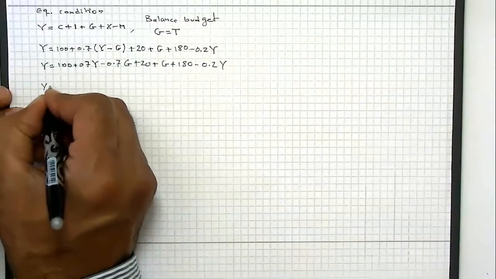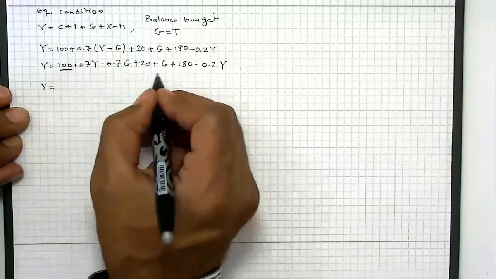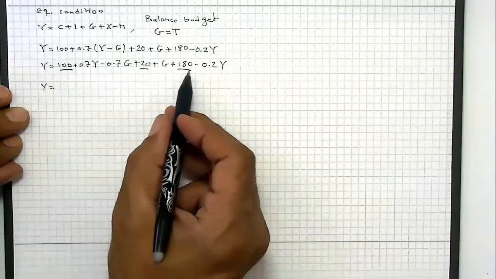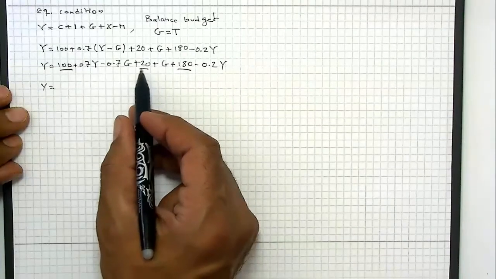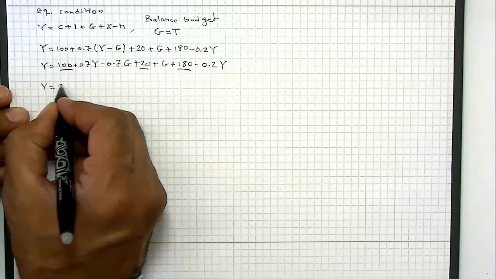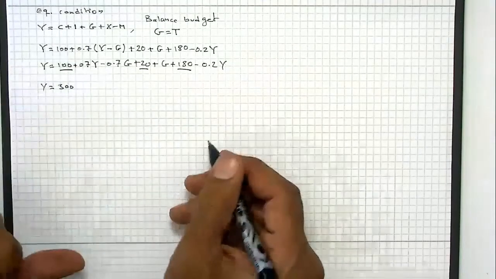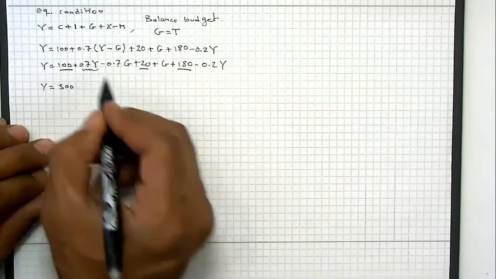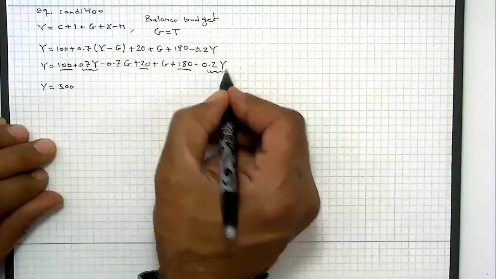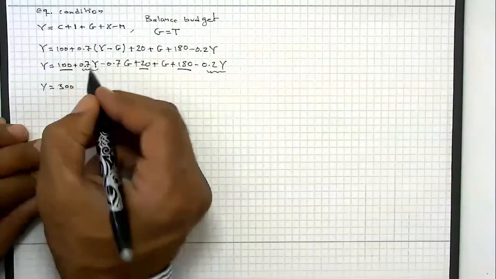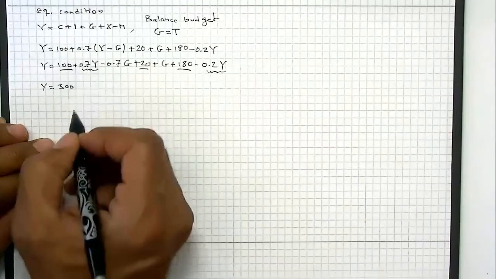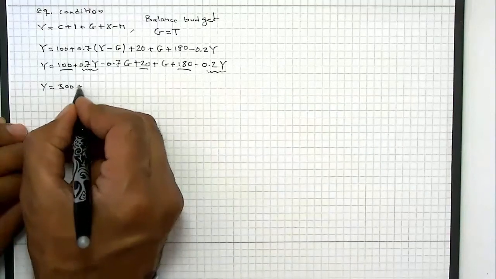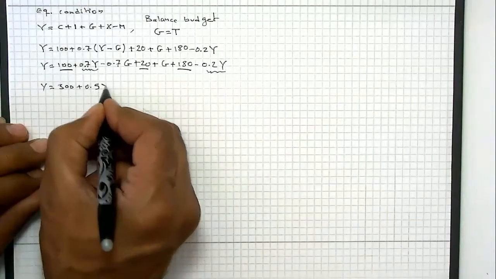Now again, what I do is add up all these constants. 180 plus 20 is 200, plus 100 is 300. So I just put it here. Then I can add up terms including y: 0.7 minus 0.2, so it's plus 0.5y.